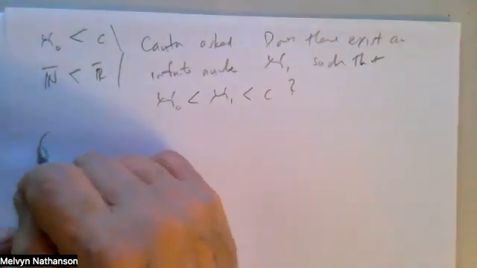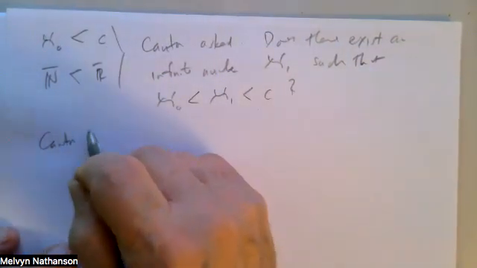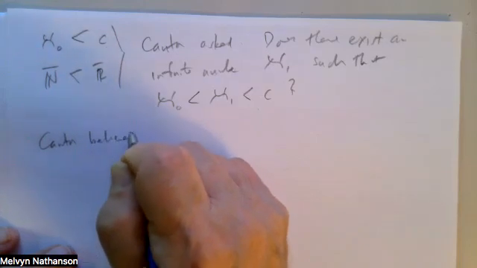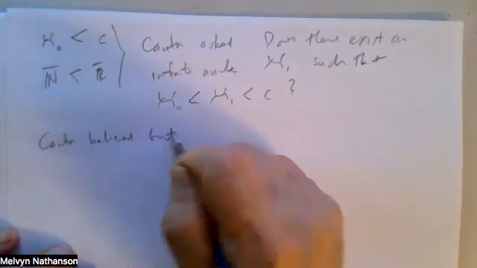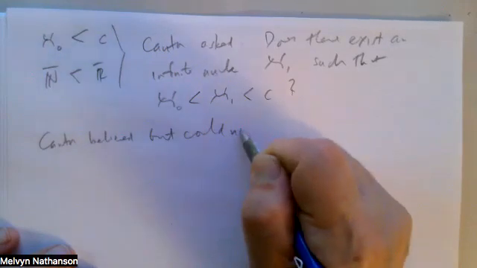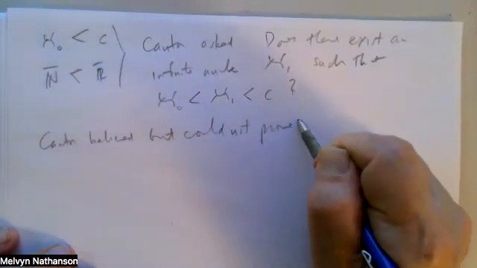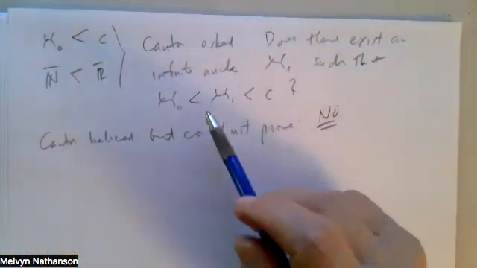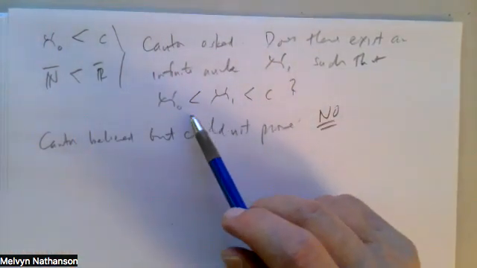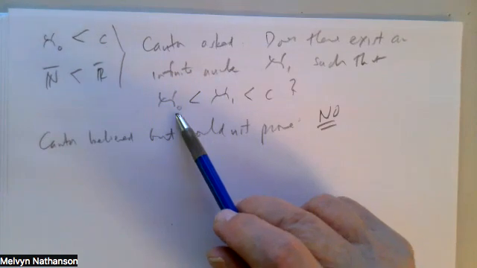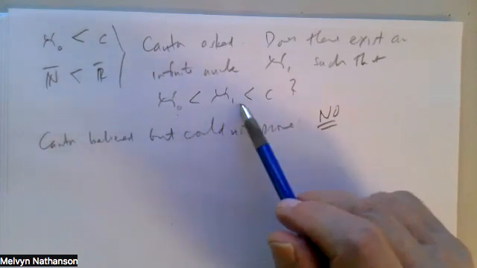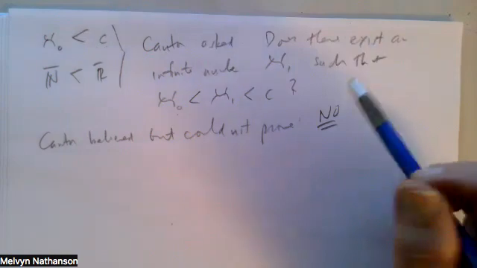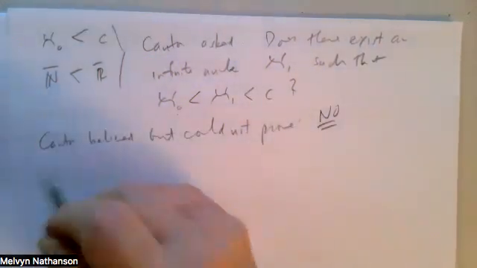And Cantor believed, but could not prove, that the answer was no. There's no infinite number strictly bigger than the set of positive integers and strictly smaller than the set of all real numbers.